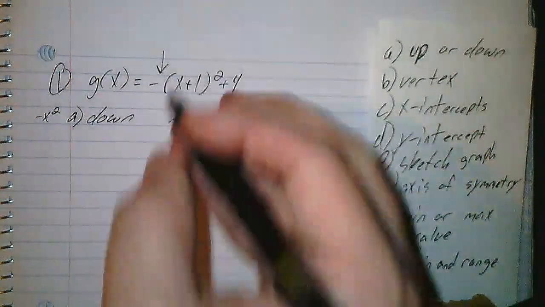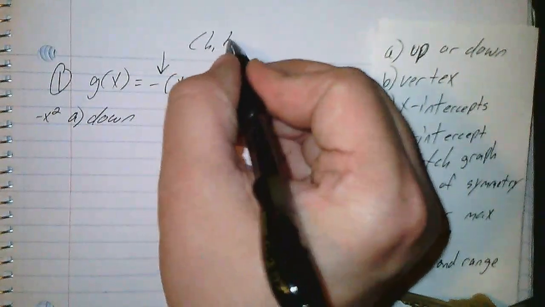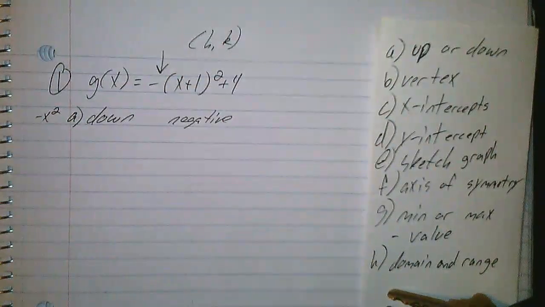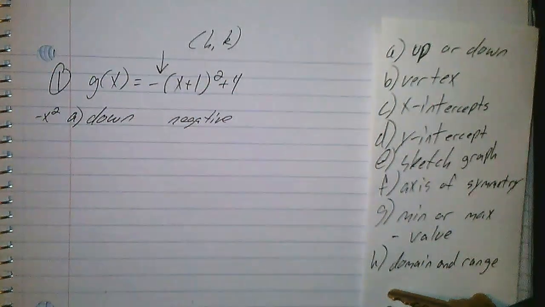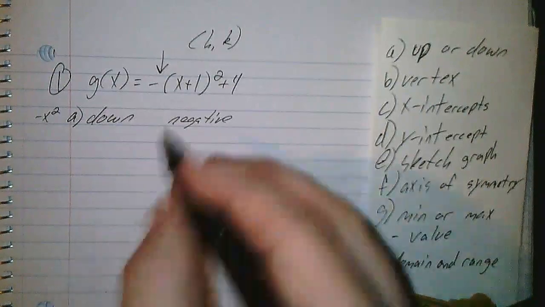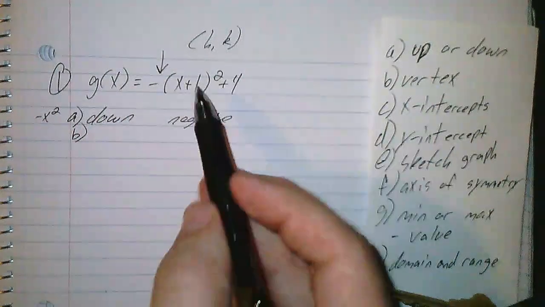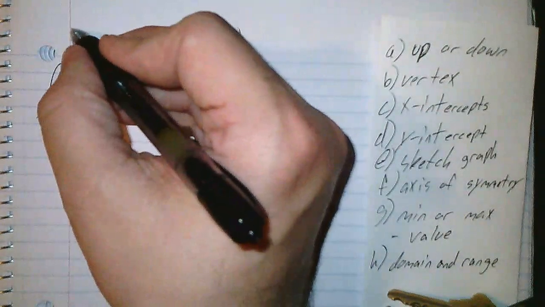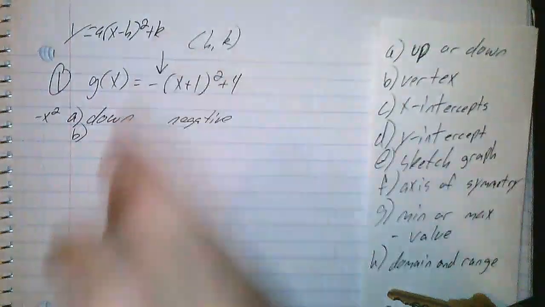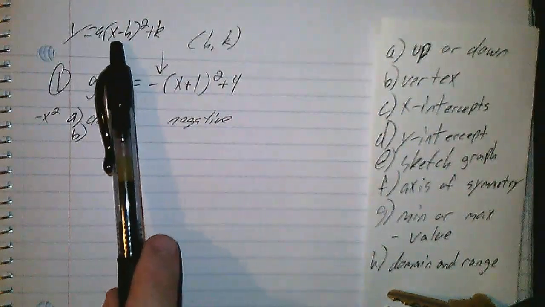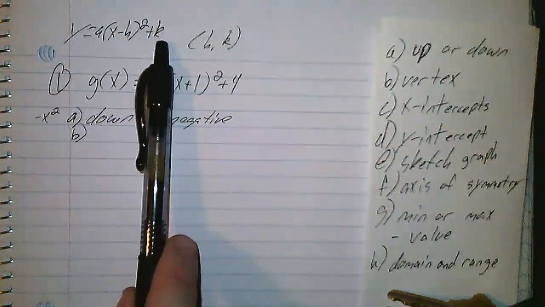This is in vertex form. So h, k, the formula is a times (x minus h) squared plus k.